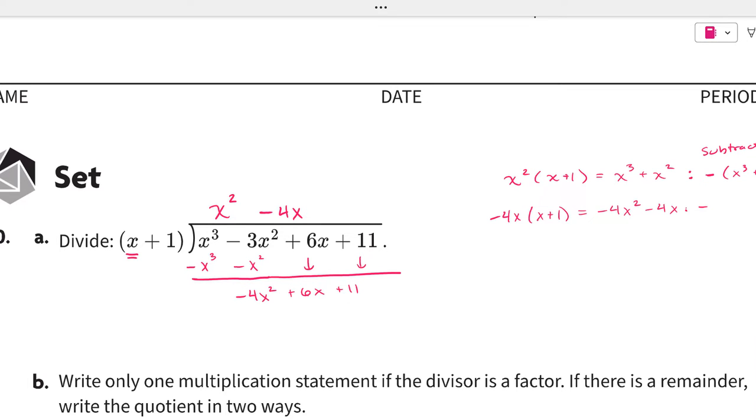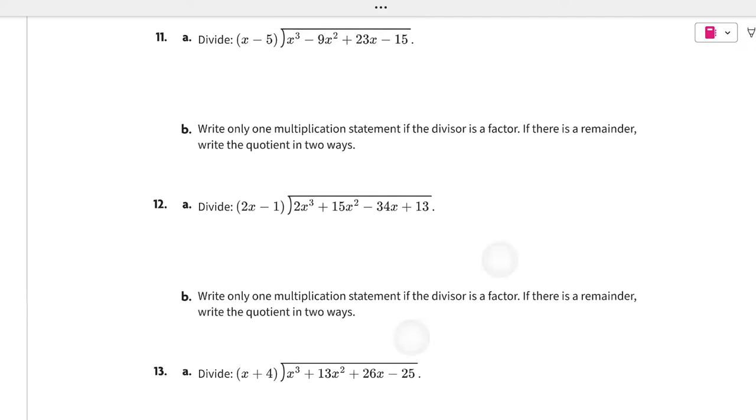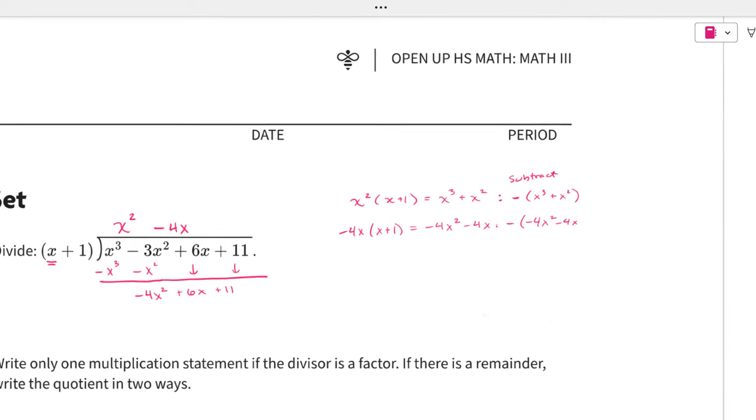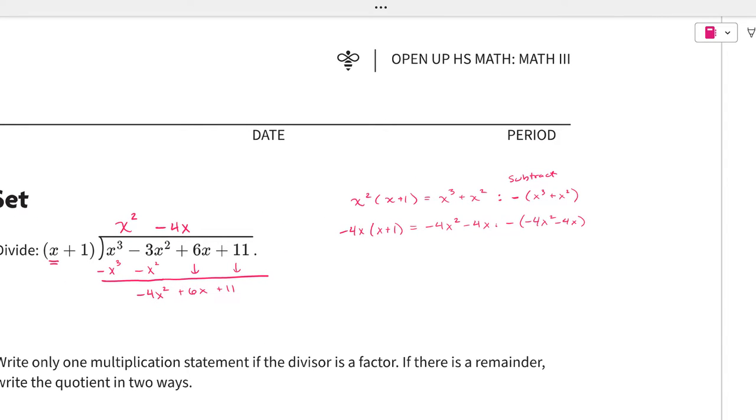Remember, I am subtracting this polynomial. So when I subtract them, I distribute that negative. So I end up really adding 4x squared and adding 4x. So those go away. We're left with 10x here. Pull this 11 down. So plus 10, because x can go into 10x 10 times.